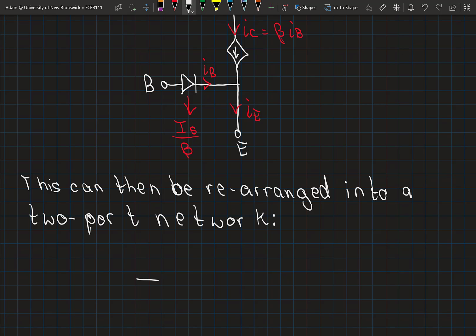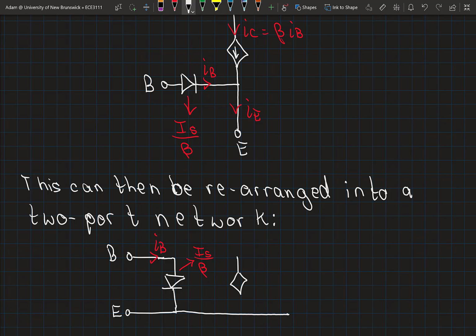I can treat the input as being from base to emitter, across this diode that I said is carrying the base current and has a characteristic that is a function of the saturation current of the collector circuit divided by beta, making the emitter common to both the input and output.